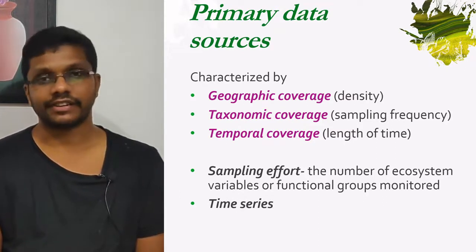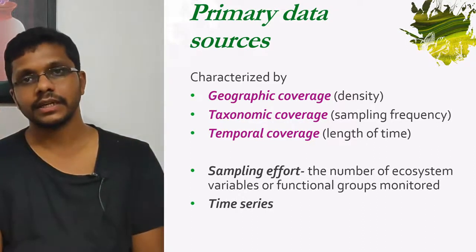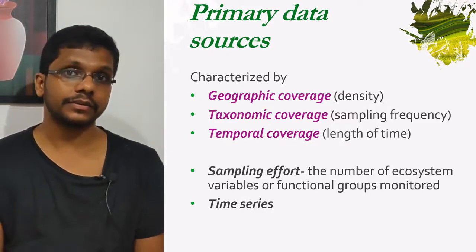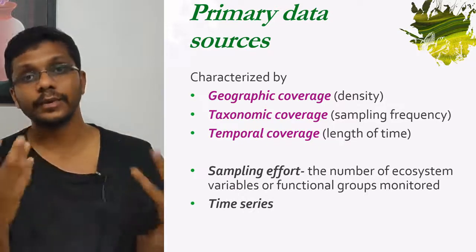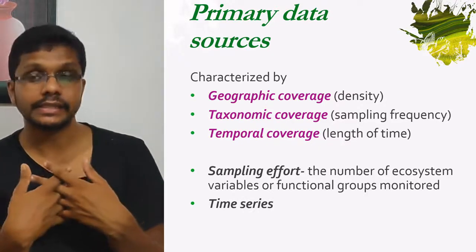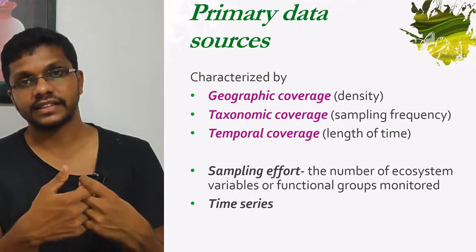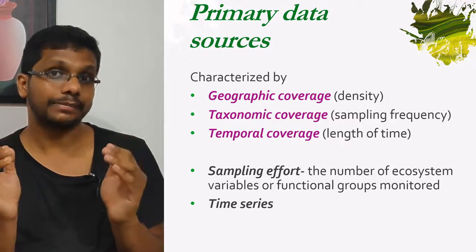First one is geographical coverage. Geographical coverage is how much area you are actually covering. If you are looking for the tiger population, how much area you are covering. If you want to study the population density of the tigers in India, and you are conducting the study only in a limited area, your data may not be that precise.